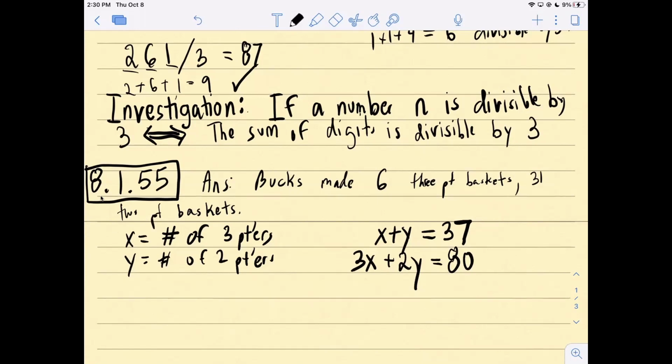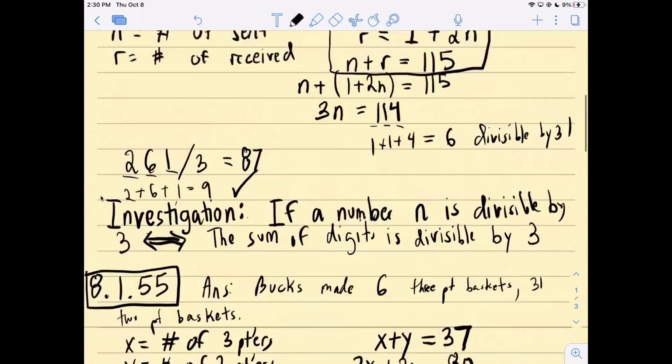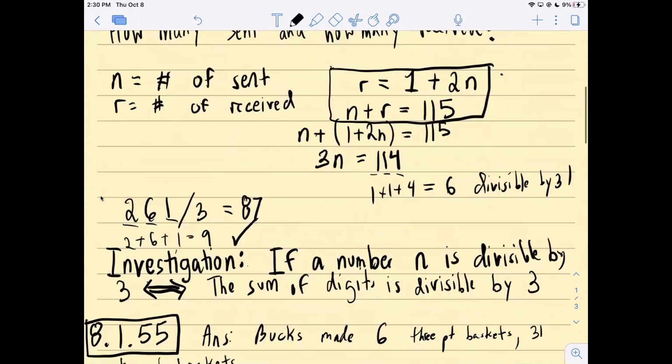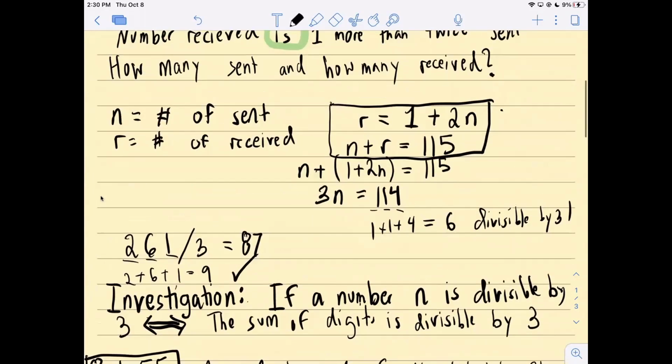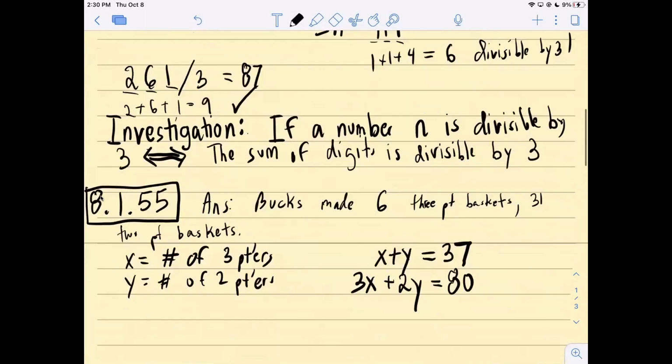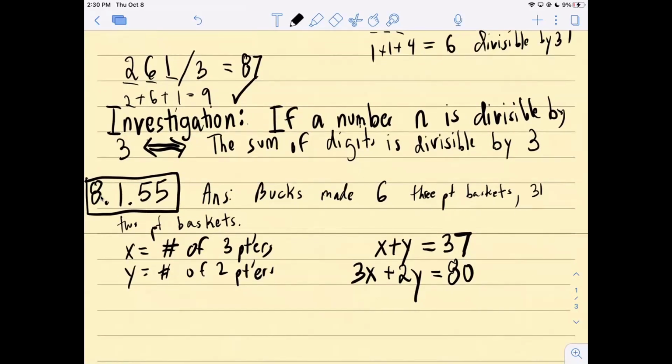Okay, so let's go to the next question, which is, we did 55. Let's go to 65. Oh, by the way, I was going to ask, what is the final answer? I think it's this pair of equations.